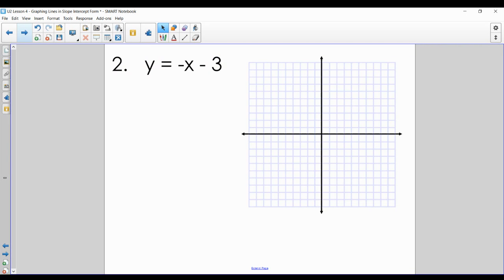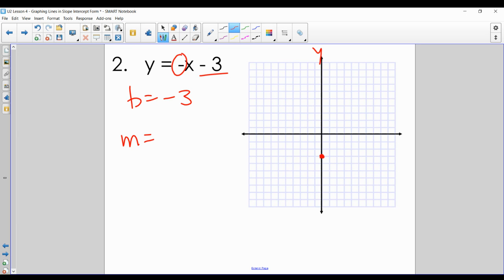Okay, if I have this one, my y-intercept is the number that's by itself, so again, -3. I'm going to plot that on the y-axis. My slope here is, if you look at this before, there's no number, but there's a negative sign. That means it's -1.